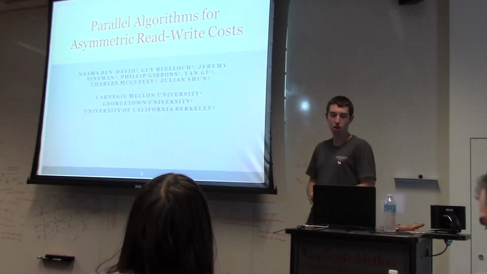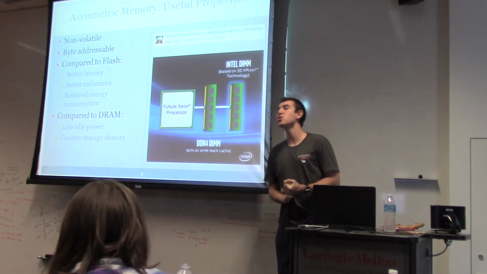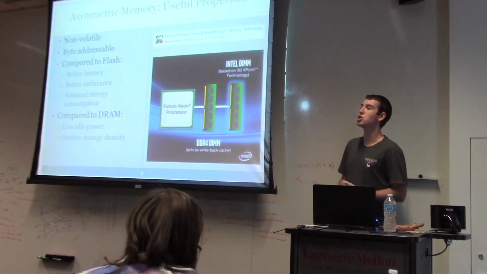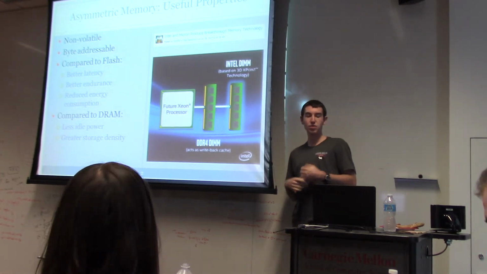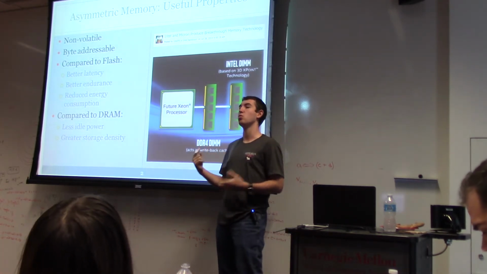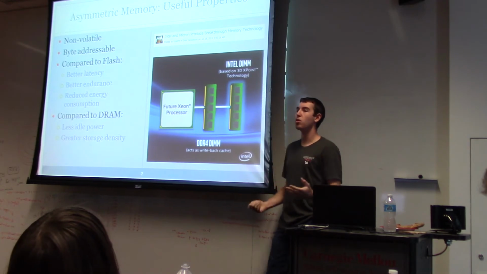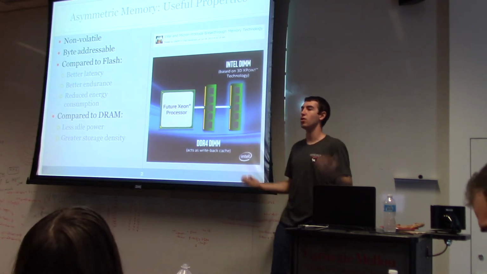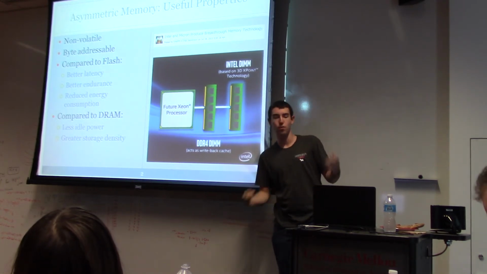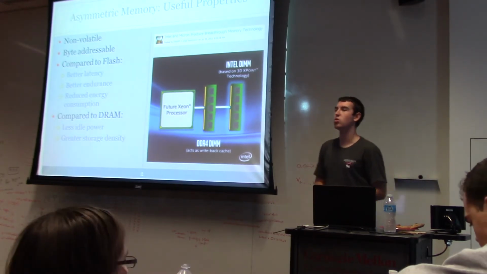So the basic premise for our work is that there is a new wave of memory technologies being developed, and they have some really interesting and useful properties. One, they're non-volatile, which is great for main memory because when your main memory runs out of power, you still keep all your data. You get a lot more system resiliency and fault tolerance. It's byte addressable, so you can talk to whatever byte you need.